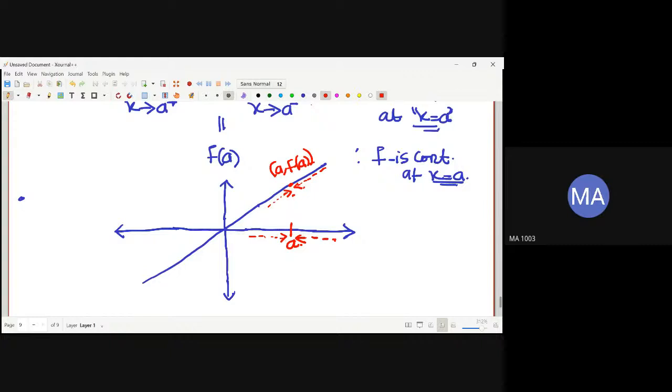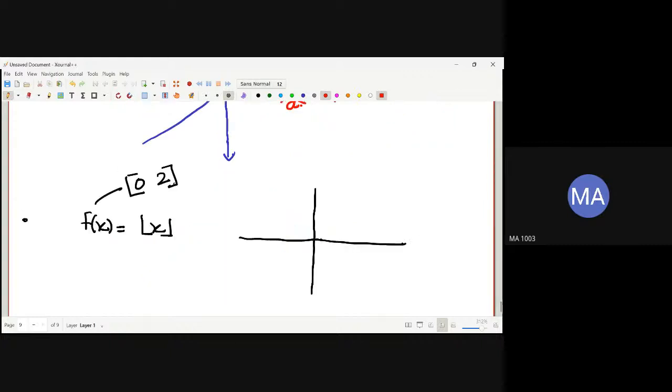And if you take one more example, the greatest integer function, let's fix a domain. Define it from 0 to, let's say, 2. If I draw the graph, then at 0, it's 0.